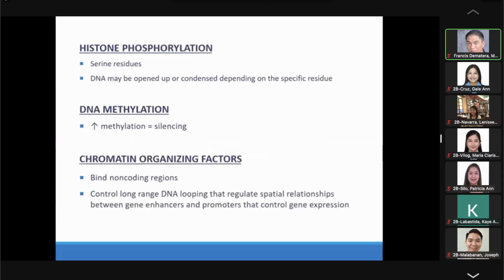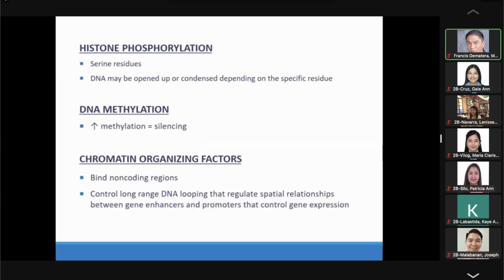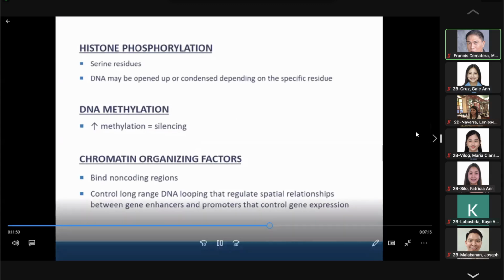In histone phosphorylation, the serine residues can be modified by phosphorylation depending on the specific residue, and the DNA may be open for transcription or condensed and inactive. So in DNA methylation, DNA methylation can lead to transcriptional inactivation or silencing.